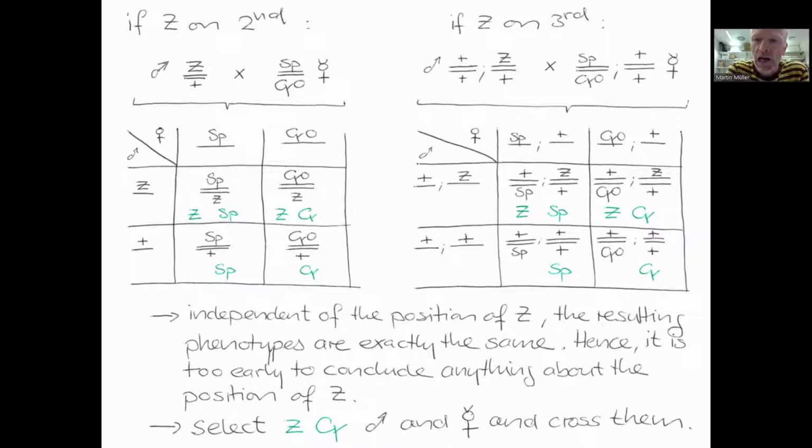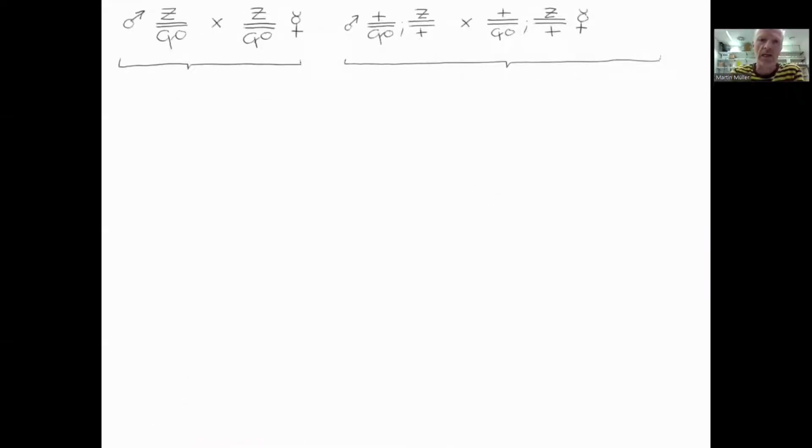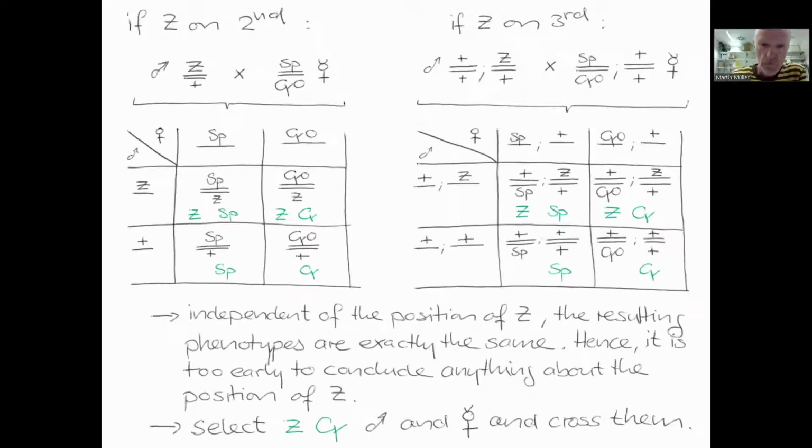This implies we have to do another cross to find out where Z is mapping, on the second or on the third. That is on the next slide. So here, from these crosses, we collect these flies because we want to combine Z and curly. We don't know that this is already it, but we will know it after the next generation.